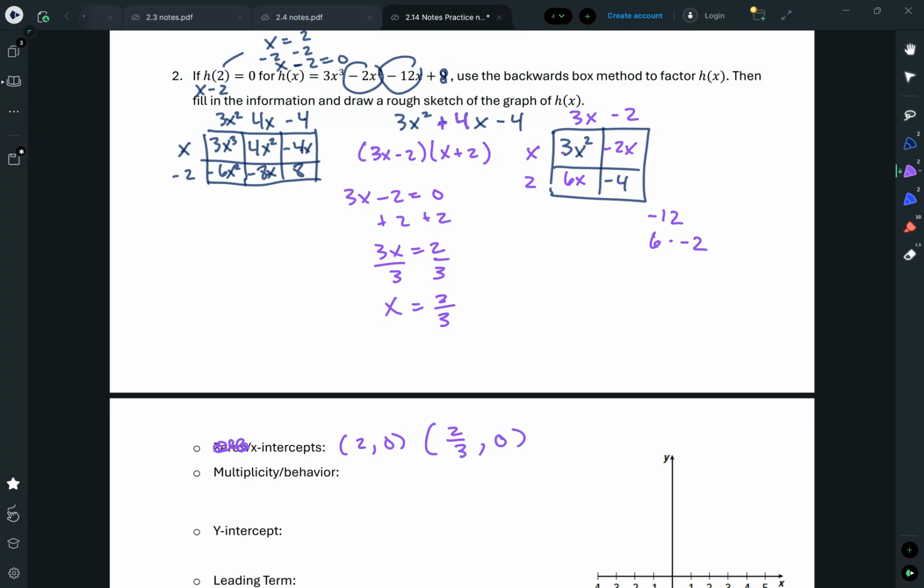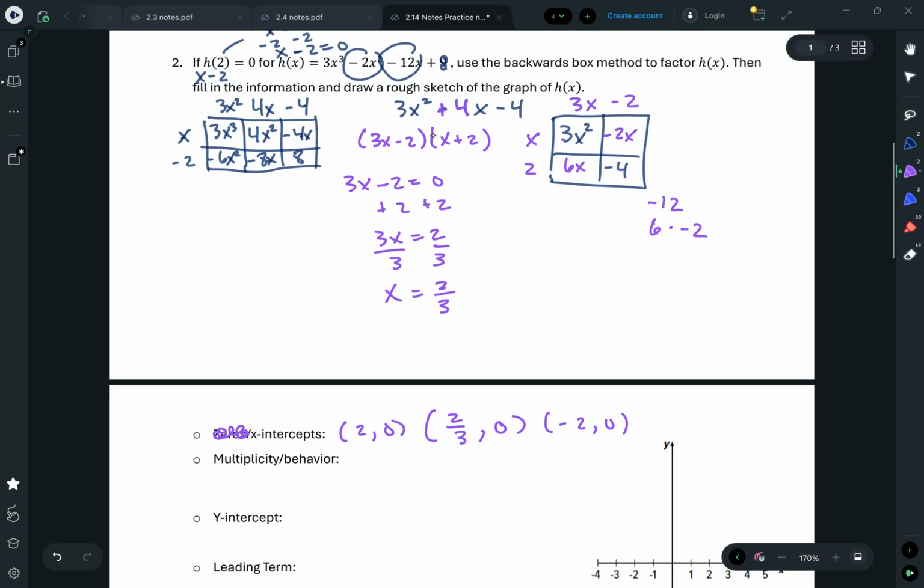The next one, x plus 2, is a negative 2, 0. All of these factors are first degree. I don't have any factors being squared or anything. So cross, cross, cross. My y-intercept, remember, is my constant term of the original, which is a plus 8. So that's going to be 0, 8.